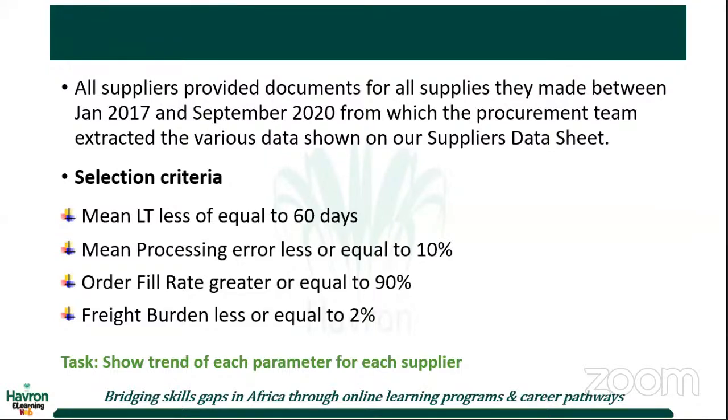We are going to the Excel sheet in a moment to see how the data is presented. Now, the company that is giving out the contract has stated that those that will be awarded this contract are those whose mean lead time is less or equal to 60 days. Then mean processing error.